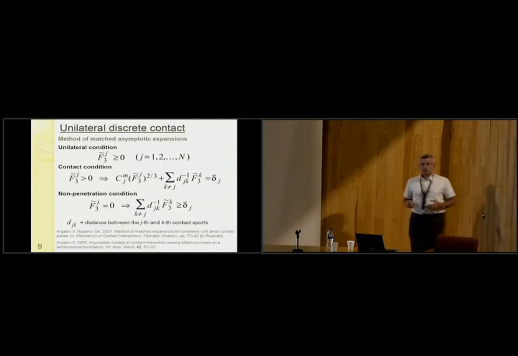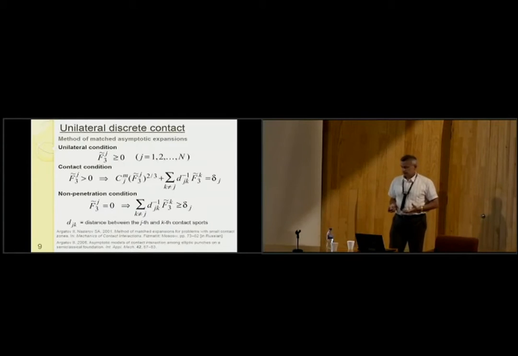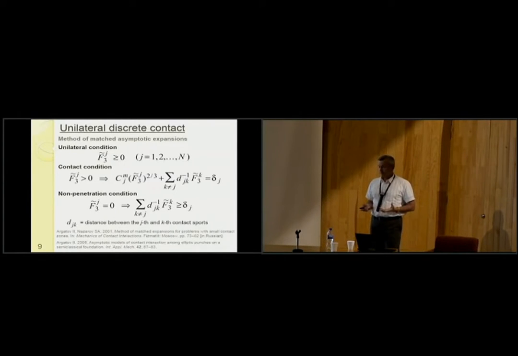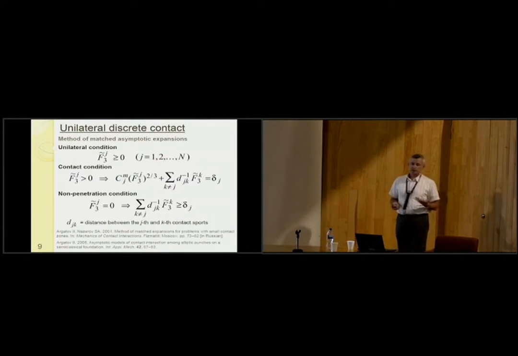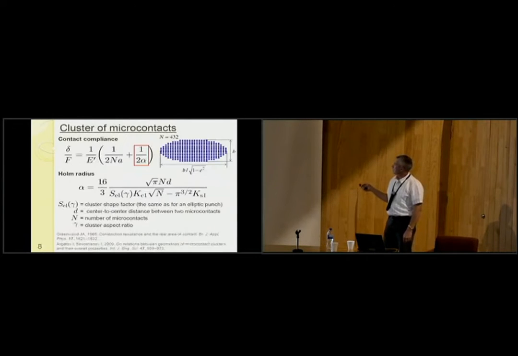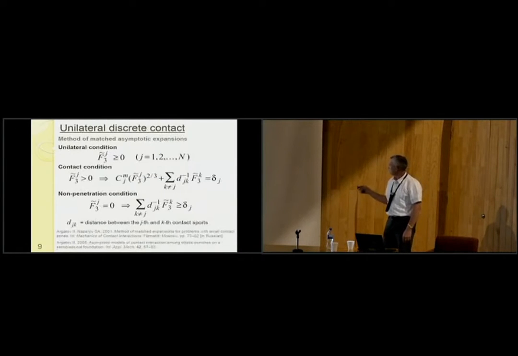The previous example of a cluster of microcontacts assumed that all asperities are situated on the same level. However, on a rough surface, asperities are located on different levels, and they will receive different displacements.